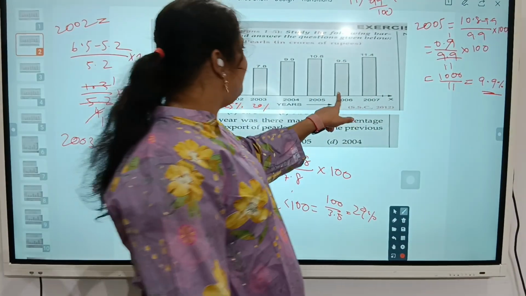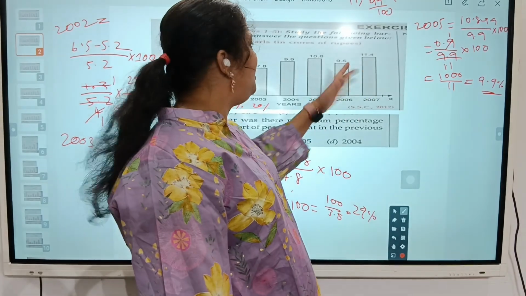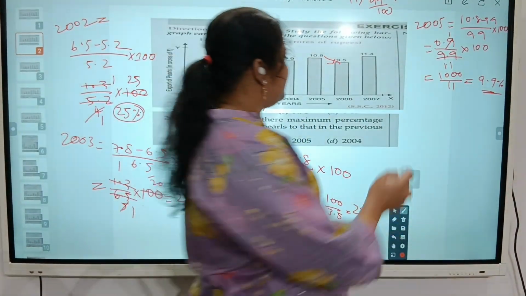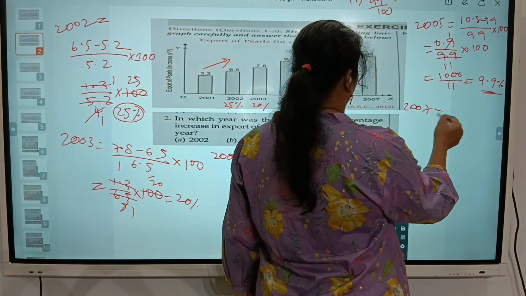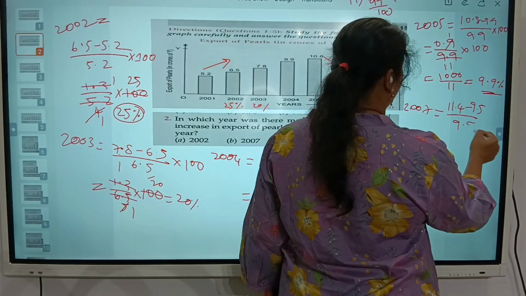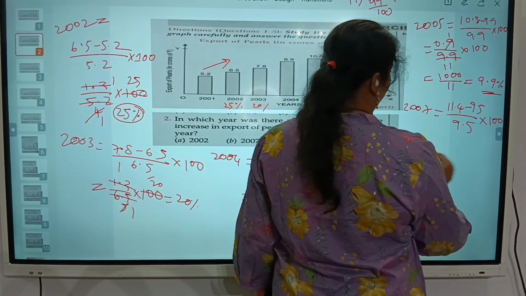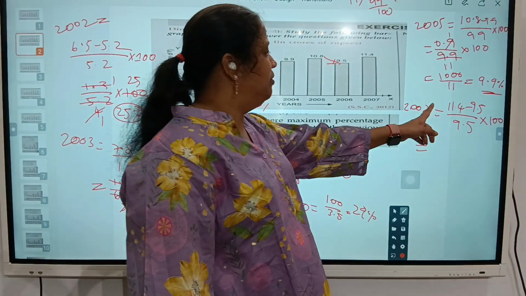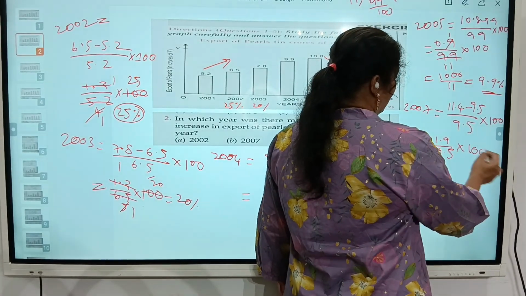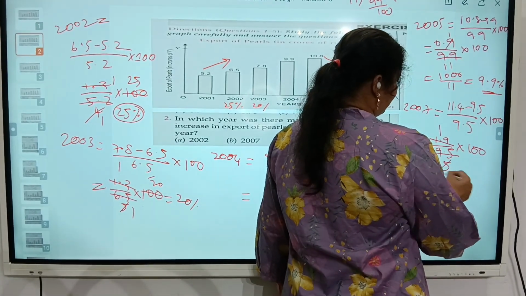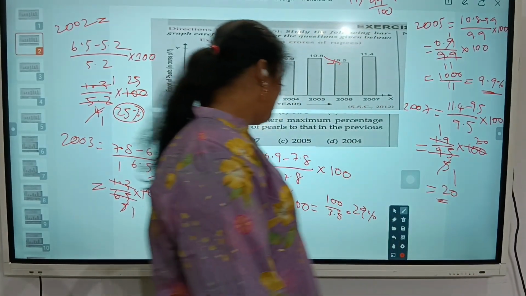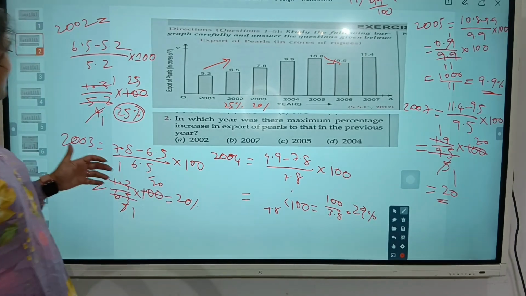Again in 2006 there is a decrease, so we need not do this value because there is a decrease in the graph. For 2007 it is 11.4 minus 9.5 by 9.5 into 100. So it comes around 1.9 by 9.5 into 100. 19 ones are 19, 5 fives are 25, so it is 20. So in which year is the increase more?